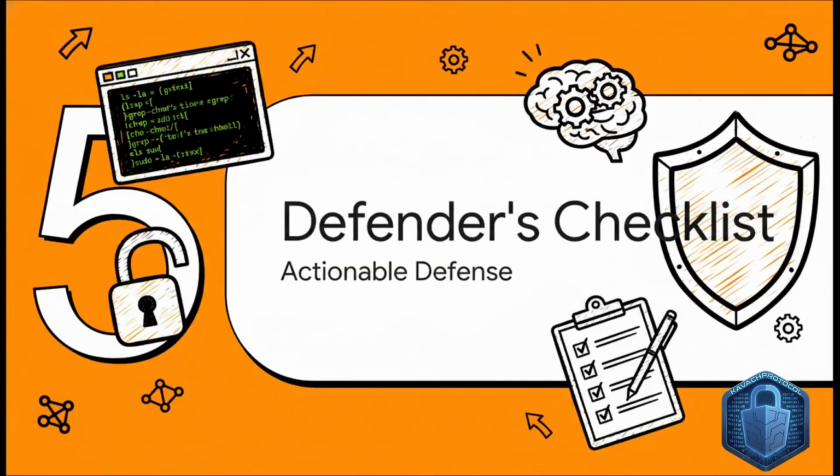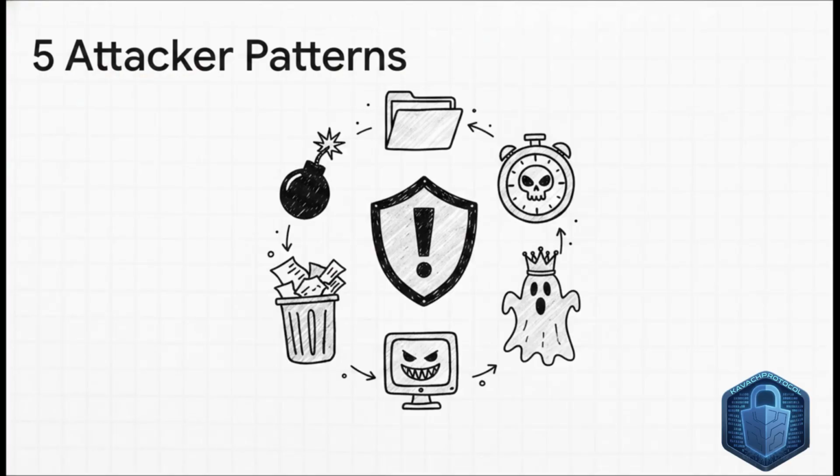Part 5. The Defender's Checklist. All right, let's turn all of these foundational concepts into real, actionable defense strategies. The true superpower of mastering Linux is that when you know exactly what legitimate usage looks like, the anomalies just jump right out at you. Here are 5 major attacker patterns you absolutely have to recognize. Number 1, like we talked about, executables dropped in that world-writable temp directory.